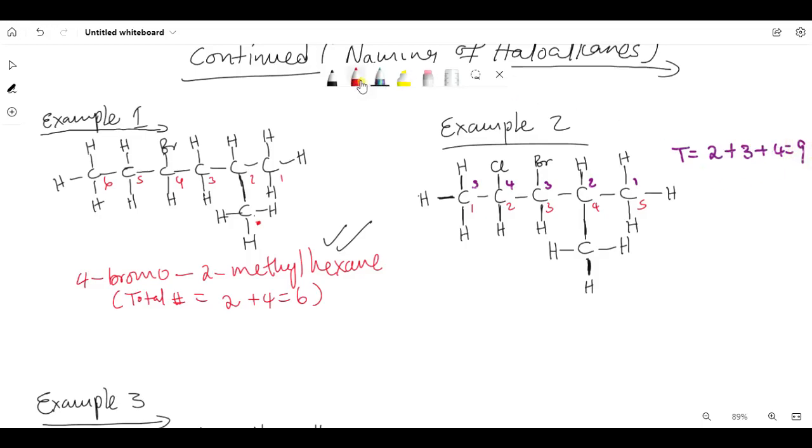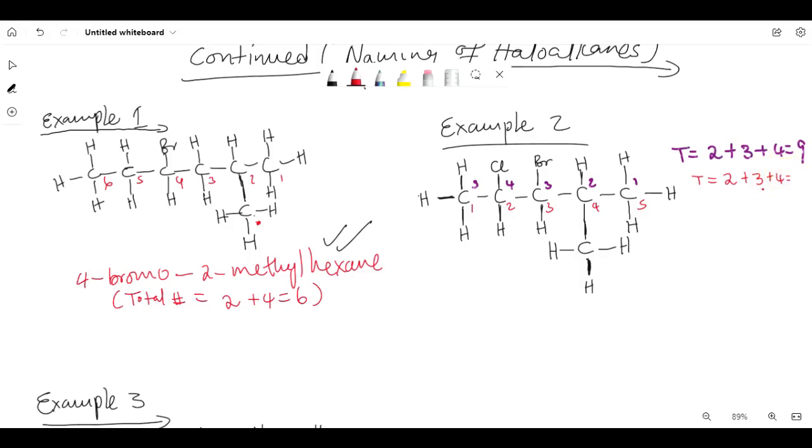What about the red one if I count from left to right? The total would be the position of the chlorine at carbon number 2 plus the position of the bromine at carbon number 3 plus the position of the methyl at carbon number 4.